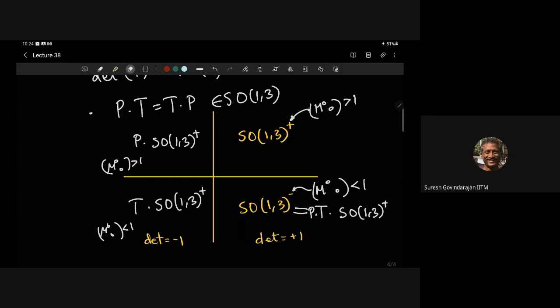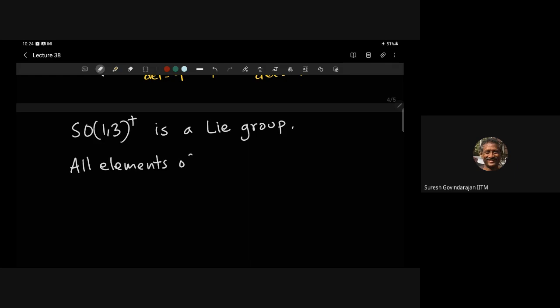So the thing here is what is the Lie group? The Lie group, and all elements of it can be written as exponential of the Lie algebra.